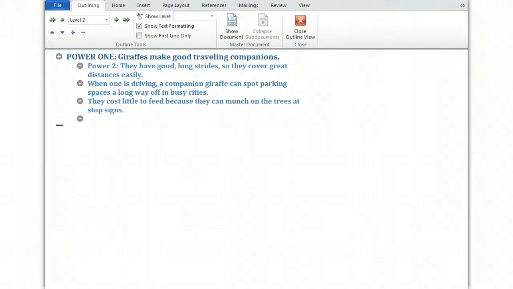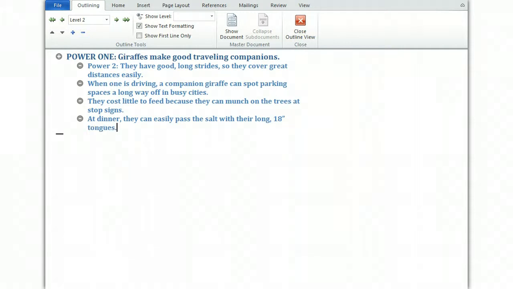And just for grins, how about another one? How about at dinner, they can easily pass the salt with their long 18-inch tongues.